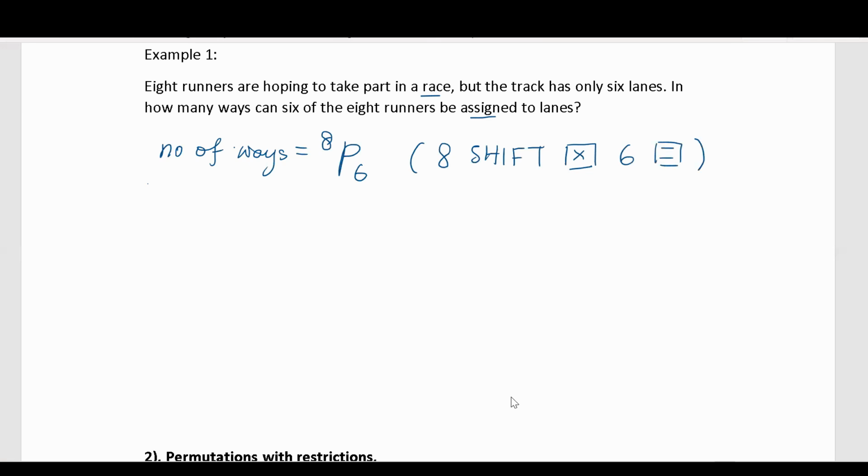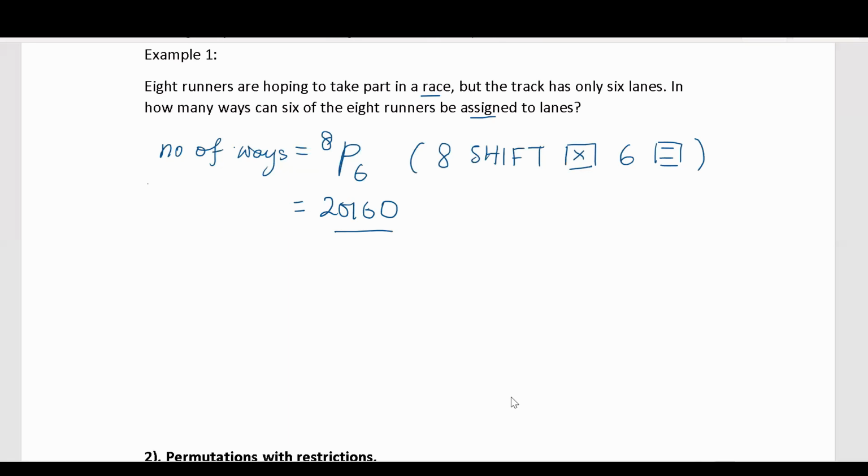Then you will see the answer calculated, which is 20160. So that means we select 6 out of 8 runners and then we arrange them into these lanes, and the number of ways we have is this.